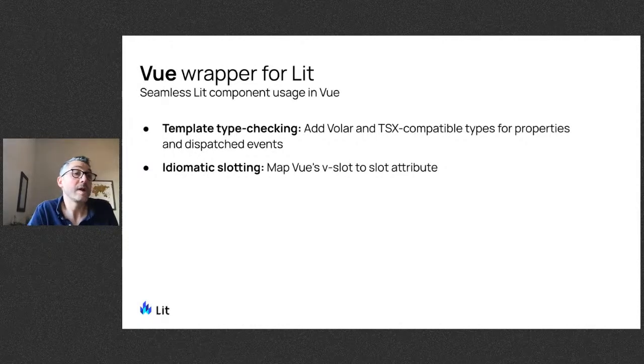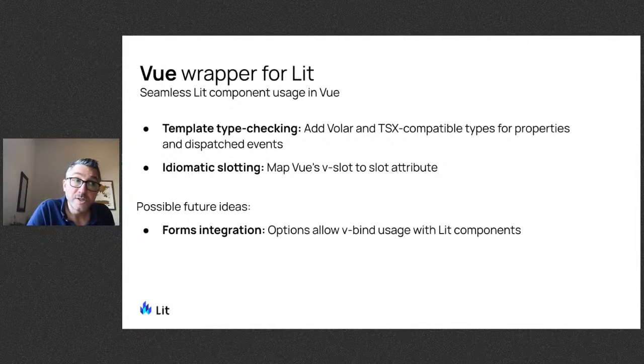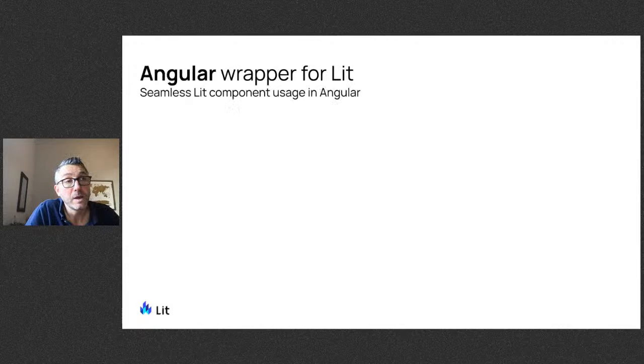And here we're already mapping Vue's v-slot attribute to web component slot attributes, so that the way that you slot child nodes and components in Vue feels idiomatic as well. And so we've got this much working so far, and then we're considering adding forms integration. So Vue has a v-bind concept for binding to form components that we think we can make work.